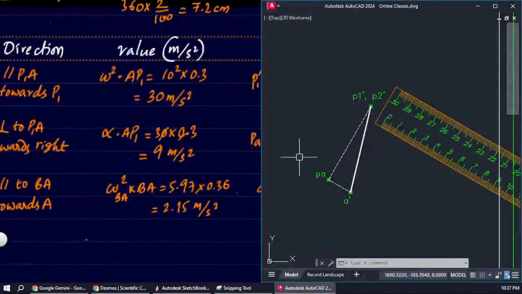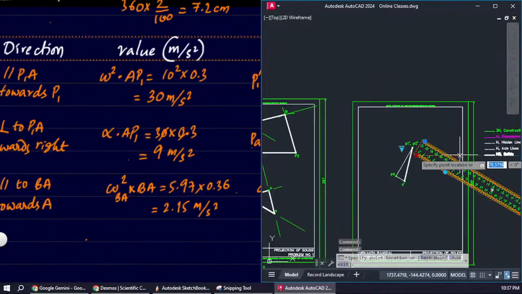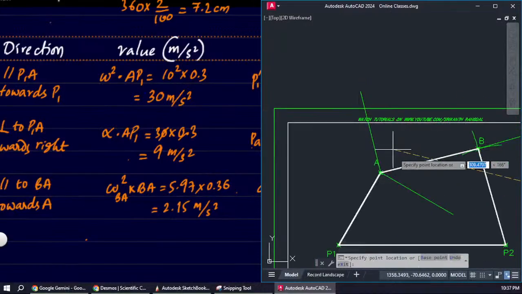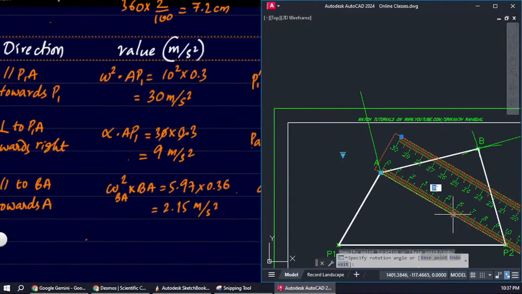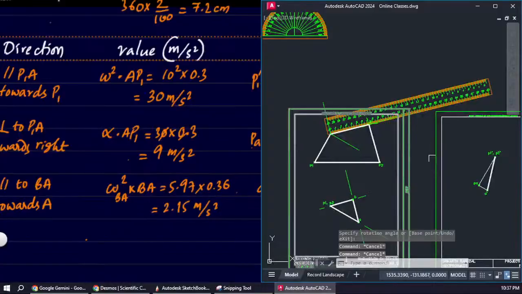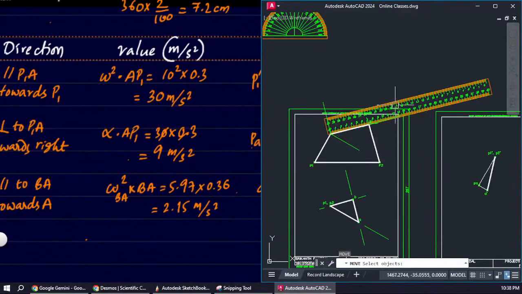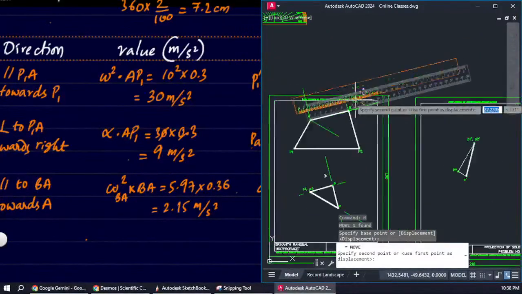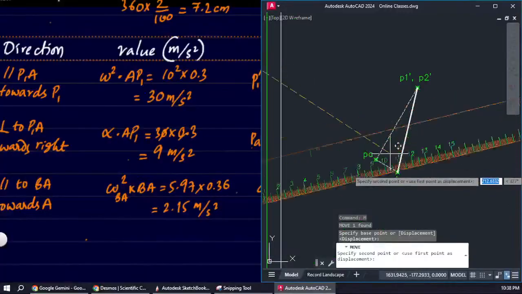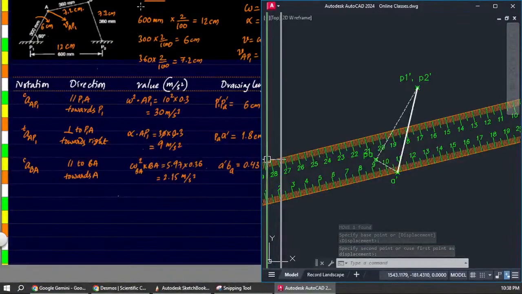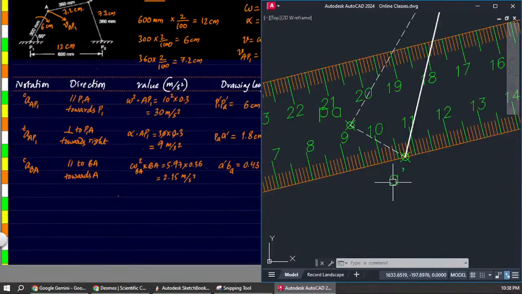First of all, place this parallel to BA, then roll it till you pass it through A. Now we have been told it is moving towards A, that means it has to come on the left side.